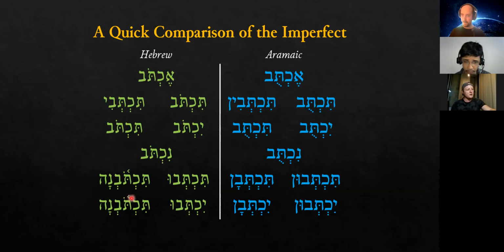But the feminine, instead of tichtovna, we have yichtavan and tichtavan, which we learned are feminine plural endings, the an endings, like chevan. Chevan is animals. So this should be pretty standard and recognizable to us, which makes the strong imperfect verb very recognizable and easily identifiable for anyone who knows Hebrew. So that's really nice.